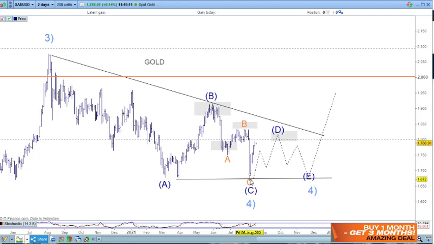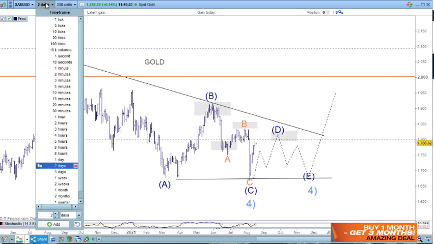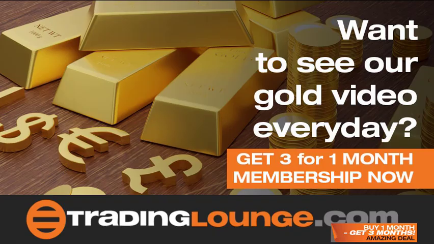It does fit okay, but we would need to see an impulse wave up here, and an impulse wave is 5 waves, and currently we only have 3 waves up. So I'm going to cut to the chase and go straight to the tick chart.